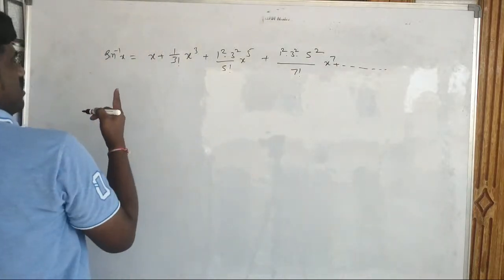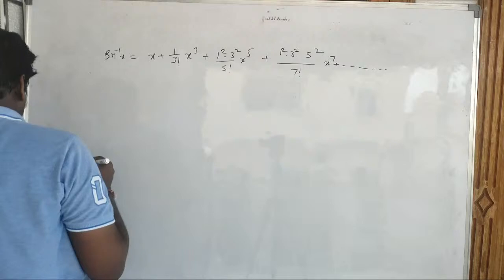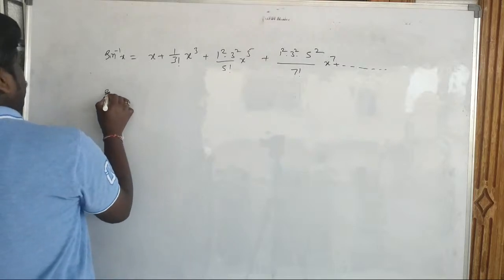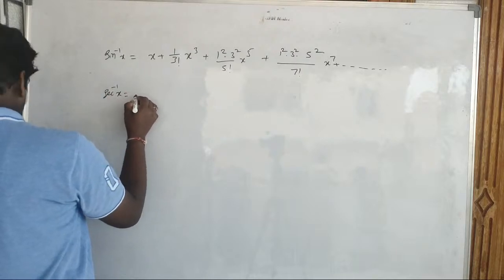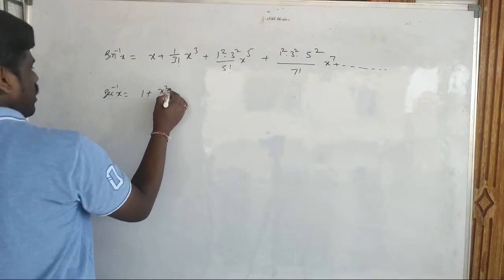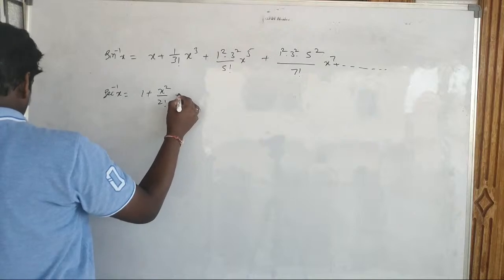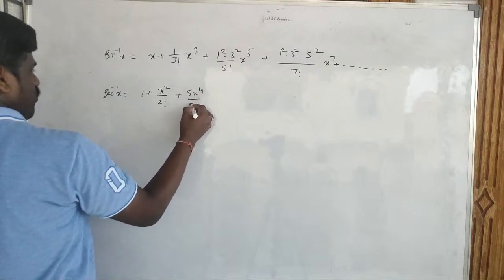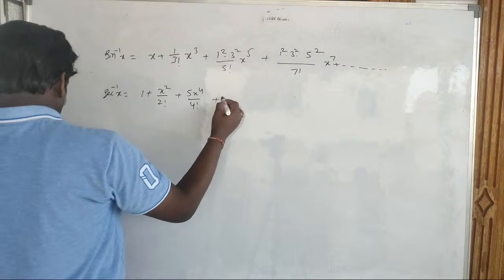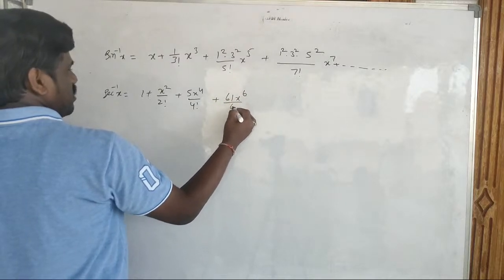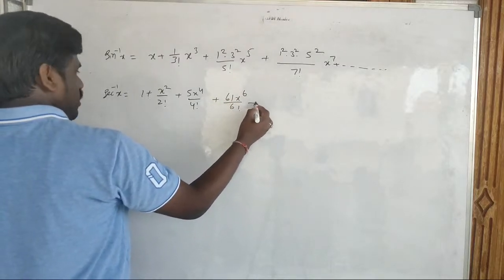This is sine inverse x expansion by using the Taylor series. Yesterday I explained the Taylor series. That sec inverse x expansion is 1 plus x squared by 2 factorial plus 5x power 4 by 4 factorial plus 61 x power 6 by 6 factorial plus so and so.